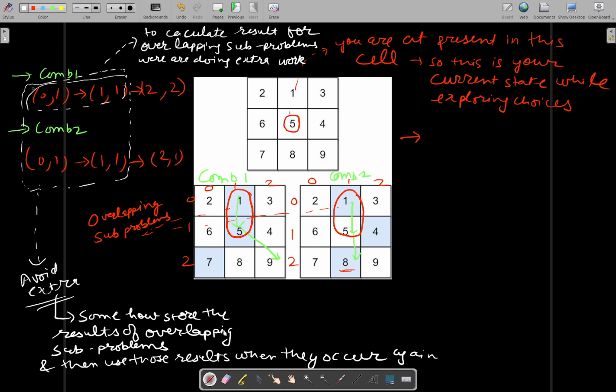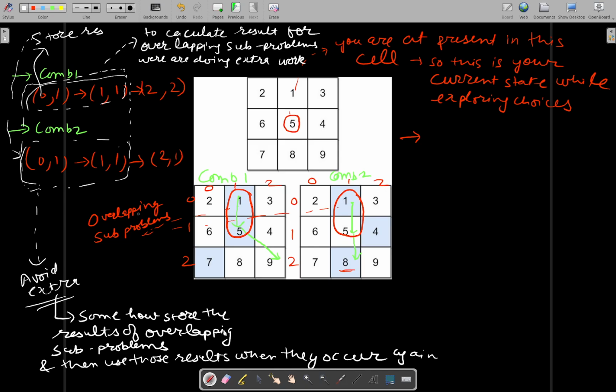Let's say we store it somewhere. Then when we see it for the second time, you will refer to this stored result, and you will not be doing work for this particular subproblem at least. So you will be avoiding extra work by this means.